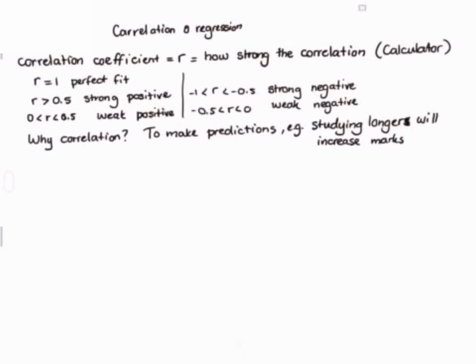So you have to go and check for a lot of students, not just the 4 as in our example. Do a scatter plot, work out your correlation coefficient, and if it is strong, then you can make some predictions.